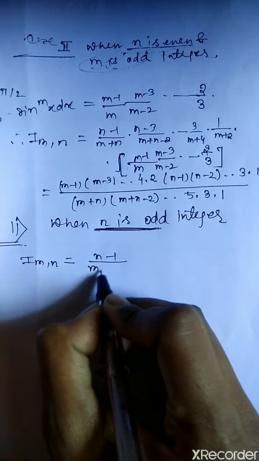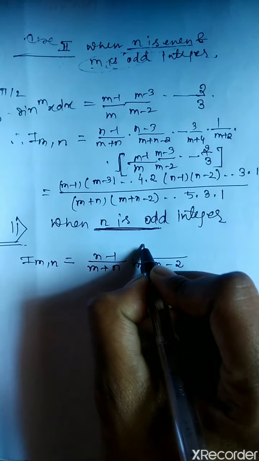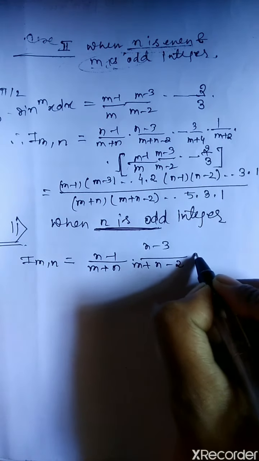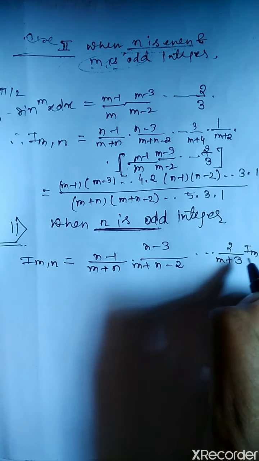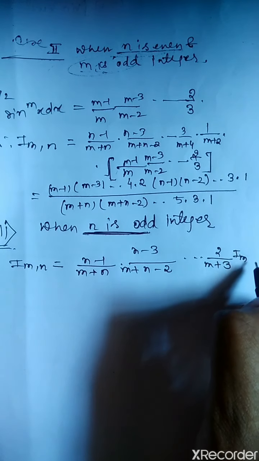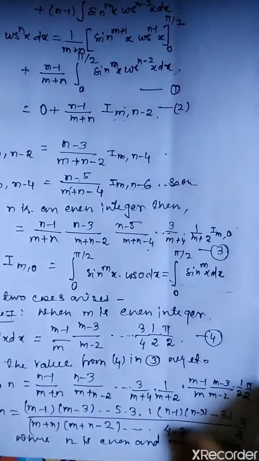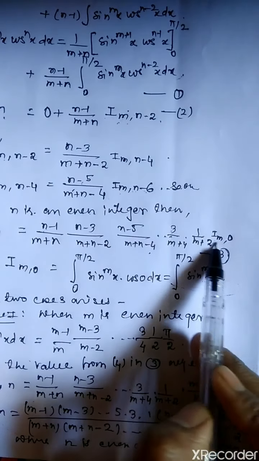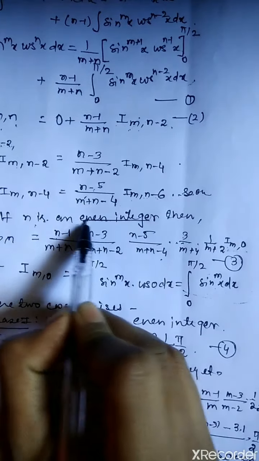(n minus 1)/(m plus n), (n minus 3)/(m plus n minus 2), and so on, 2 divided by (m plus 3), and here we are left with I_m,1. Earlier we had the value I_m,0 when n is an even integer.